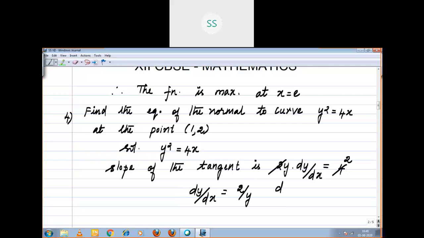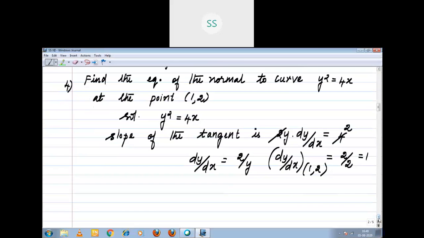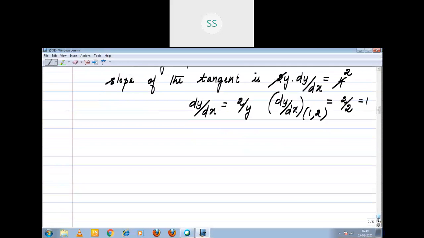Now, the point is given as 1 comma 2, so x should be replaced by 1 and y should be replaced by 2. So 2 by 2 equal to 1. The slope of the tangent you found. What is the slope of the normal? Anyone? Yeah, very good. Slope of the normal is nothing but the reciprocal of the slope of the tangent with opposite sign, right?